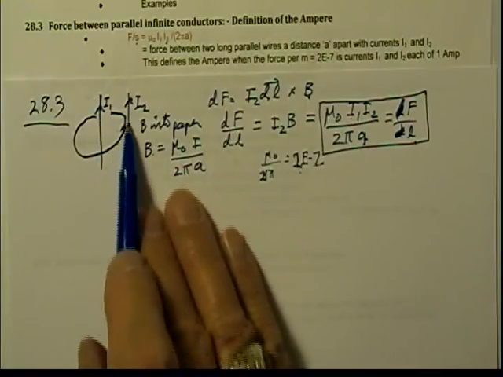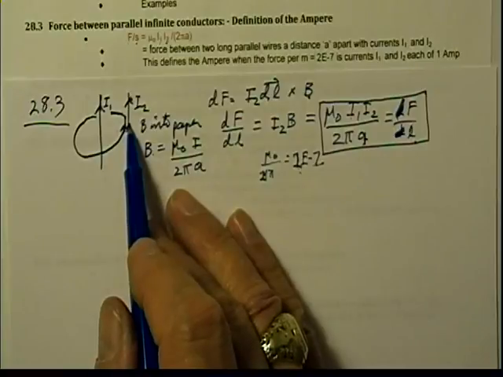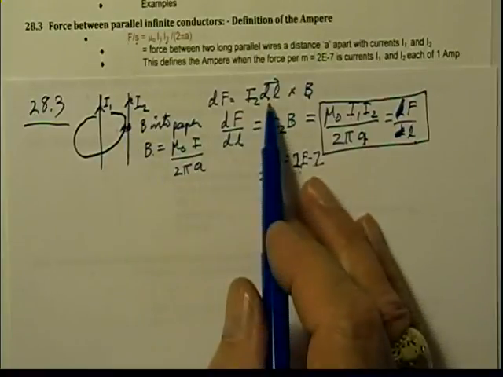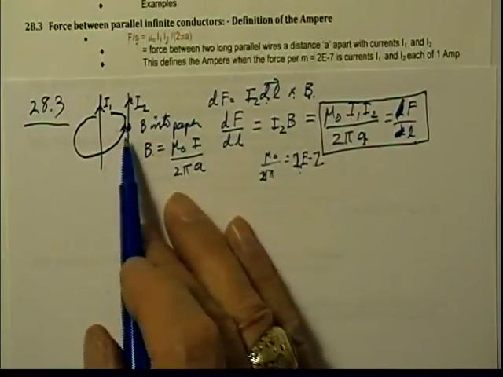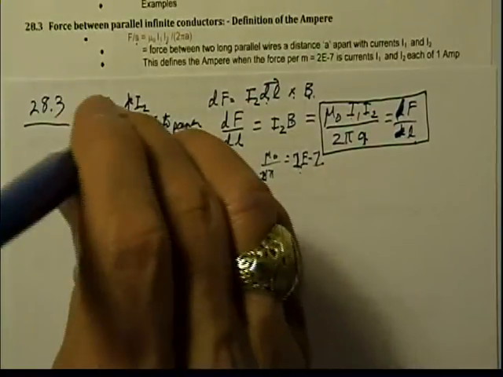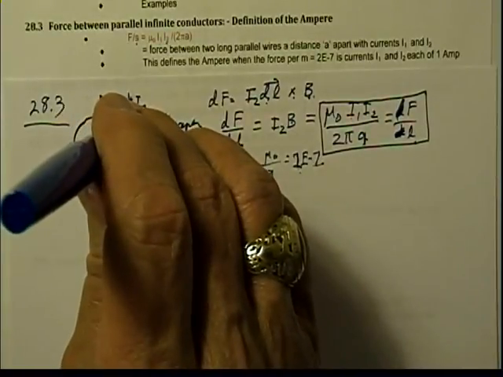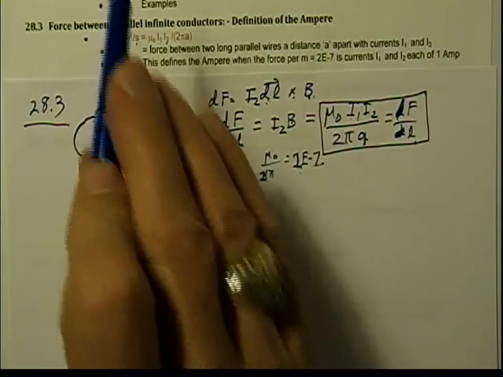If this current goes this way, the magnetic field comes around here, so it's going into the paper. And you remember the force is dl cross B. So the magnetic field is going into the paper here, and dl is going up.